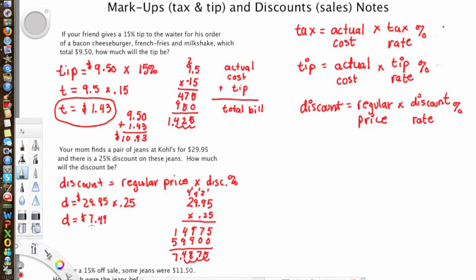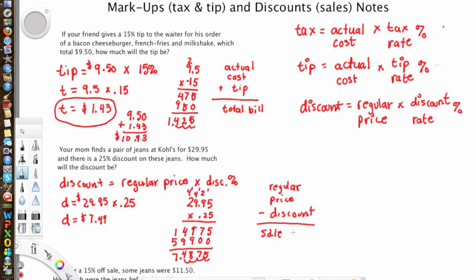That's my discount. Now, how does a discount look? Well, you take the regular price of the item and you subtract the discount, and that will give you your total or sale price.